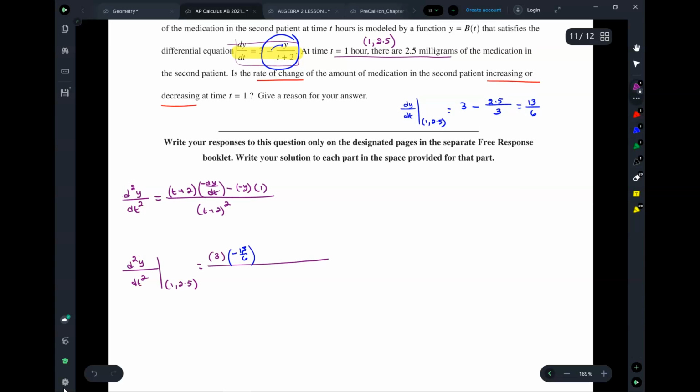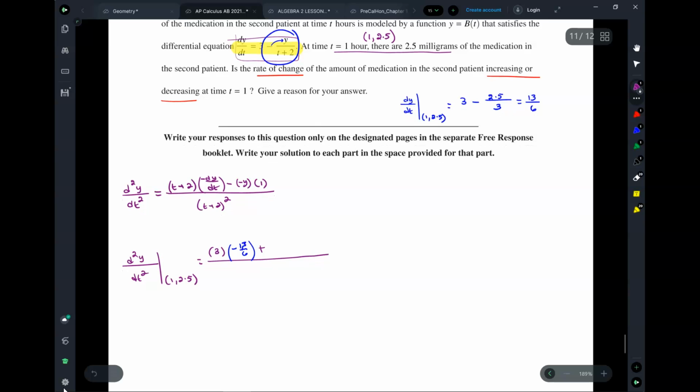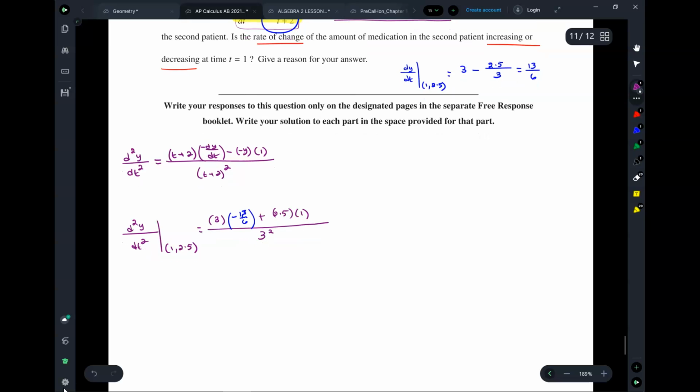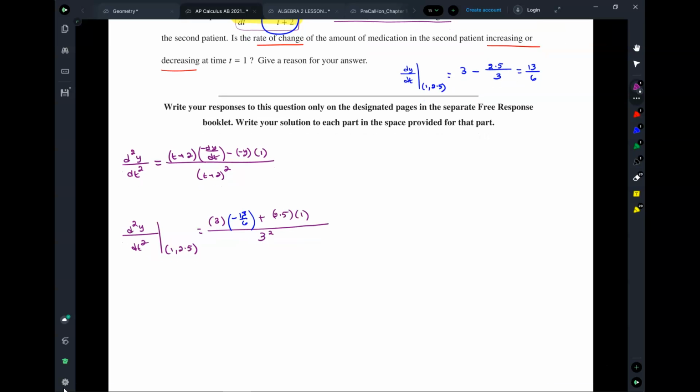What did you plug it into? Look, dy dt here. Right, dy dt. So plus, what else do we have? y is 2.5 times 1 over 3 squared. So how much is this?